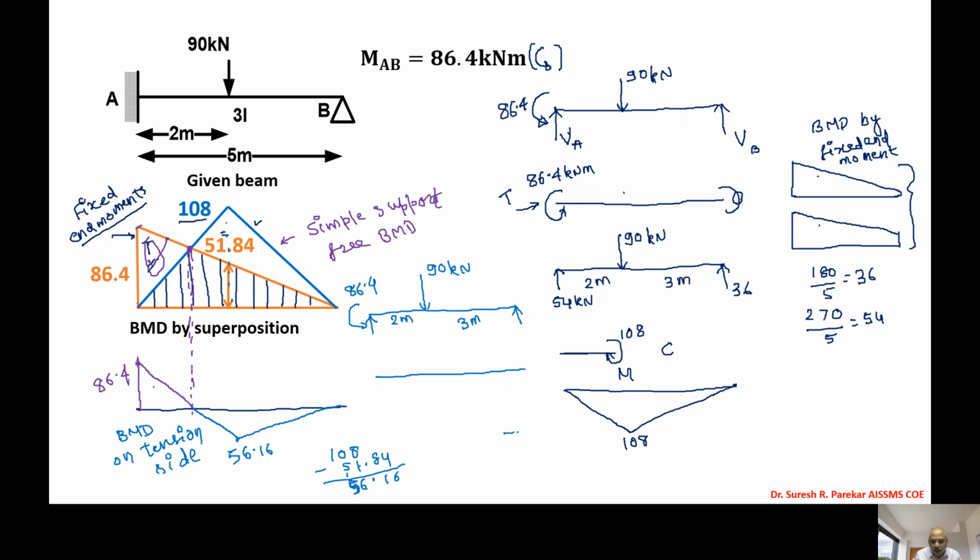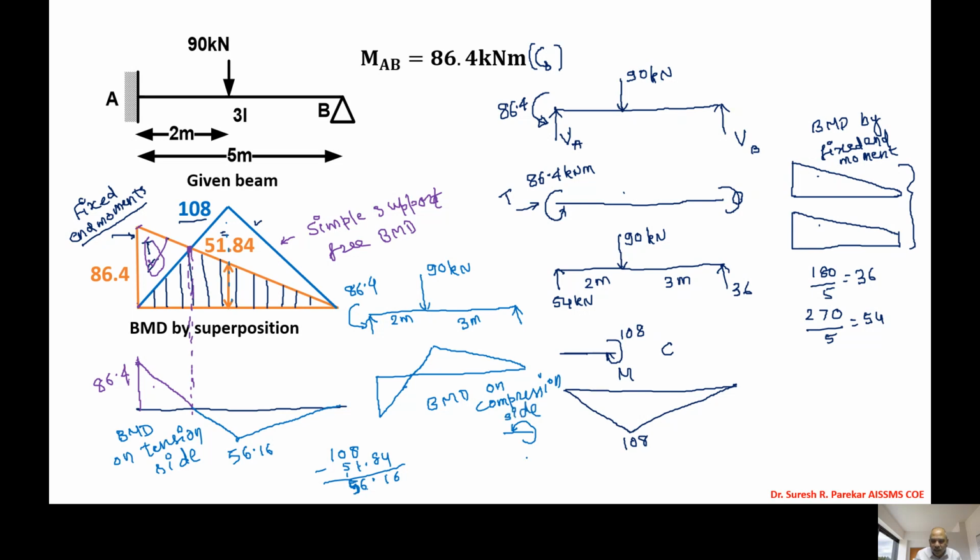Now again, if I take this 86.4 as it is, then this BMD will be on the compression side. Means if I plot this in this fashion, somewhere here under the load we have 56.16. So this is the BMD on the compression side, because we have plotted this due to moment, and therefore we have to keep that in mind.